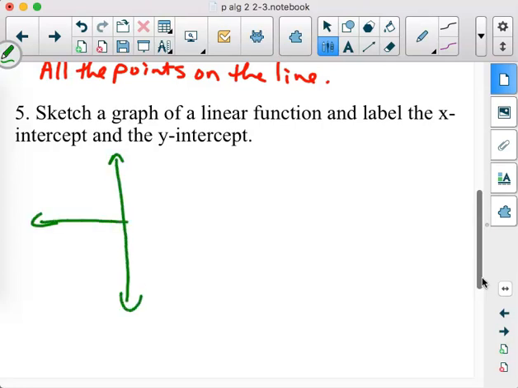So again, it would be good if you do your Cartesian coordinate plane in one color, and then make your line in another color. Now this time, don't let it go through 0, 0. Anywhere else, just not 0, 0. Because we want to have a clear picture of where the x-intercept and the y-intercept are.